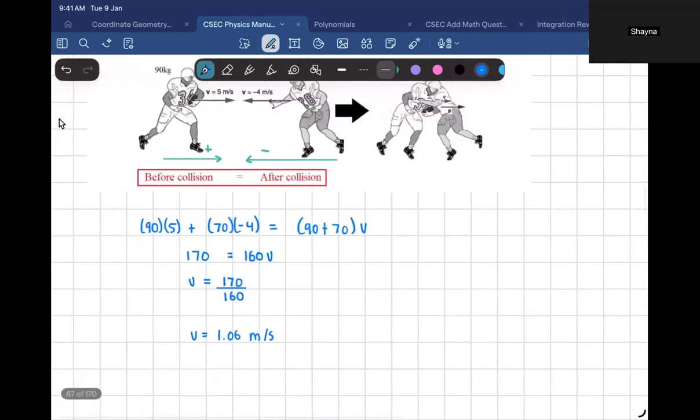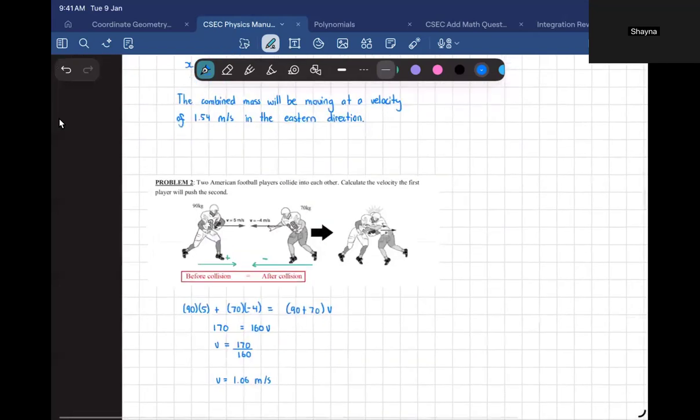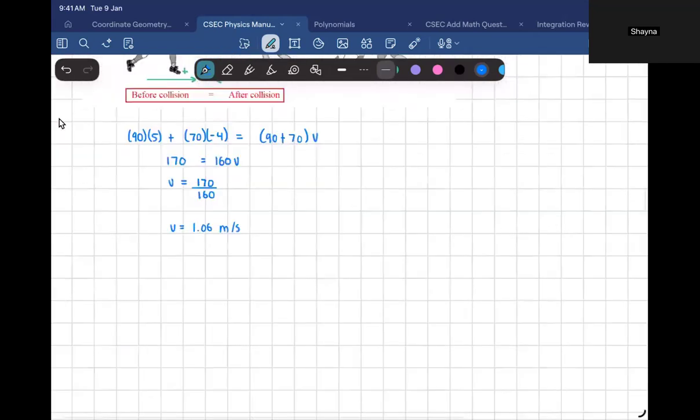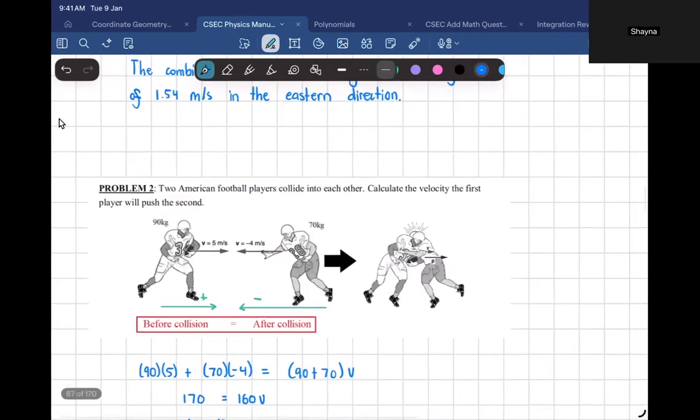So let's write a little statement, right? They wanted us to find the velocity.